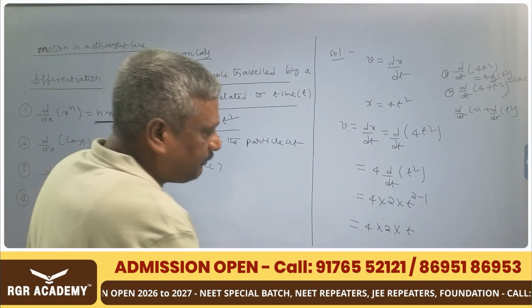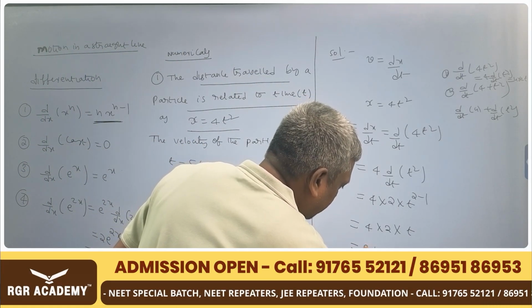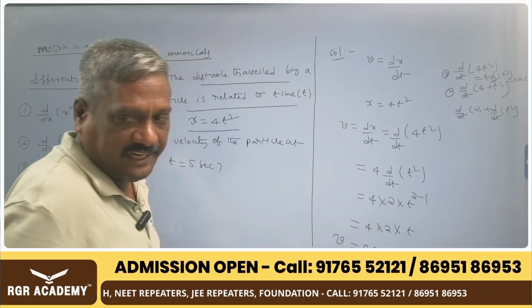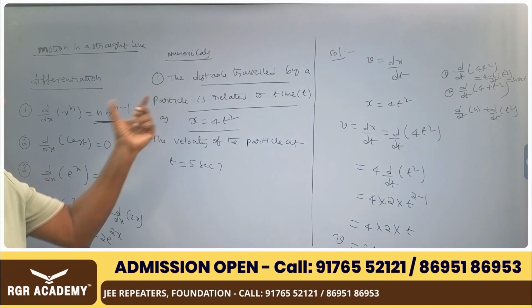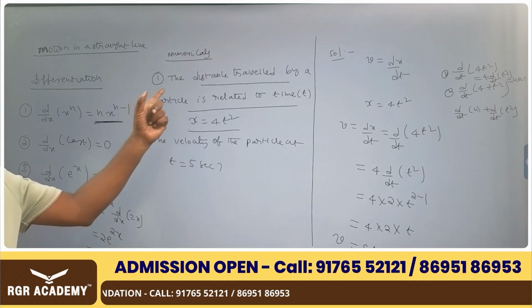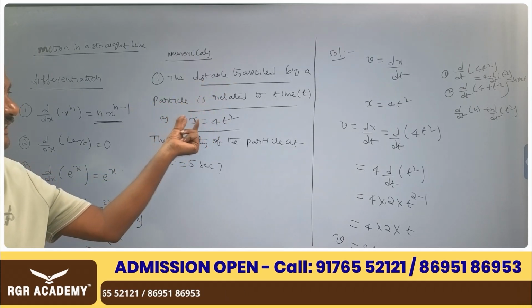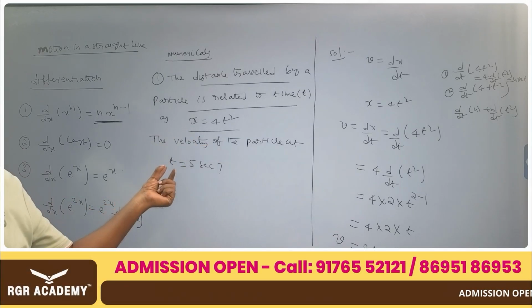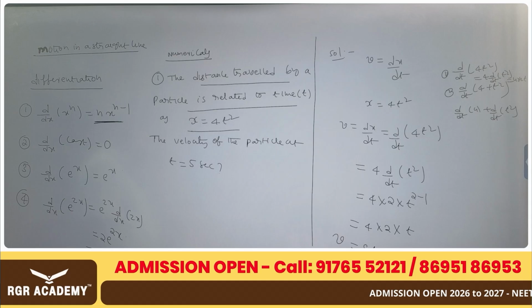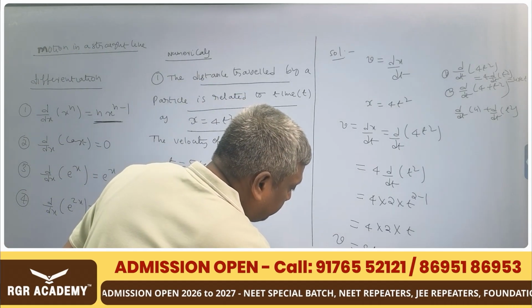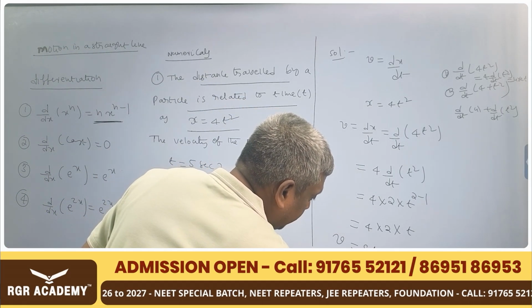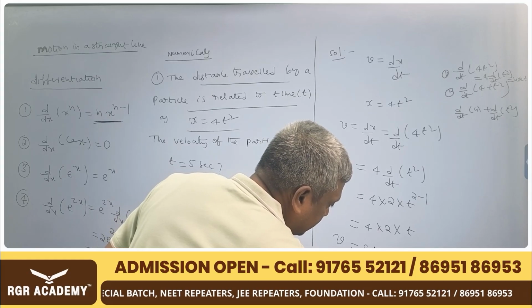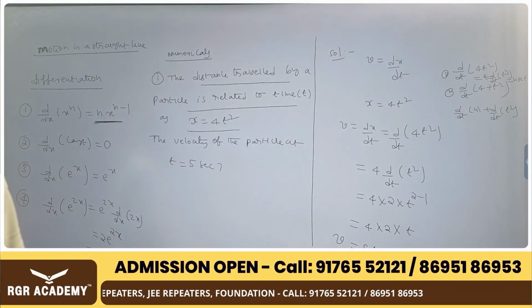So velocity becomes what? V is equal to 8t. See the question carefully. The distance traveled by a particle is related like this. The velocity of the particle at t is equal to 5 seconds. Time value is given as what? 5. At t is equal to 5 seconds, velocity becomes what?